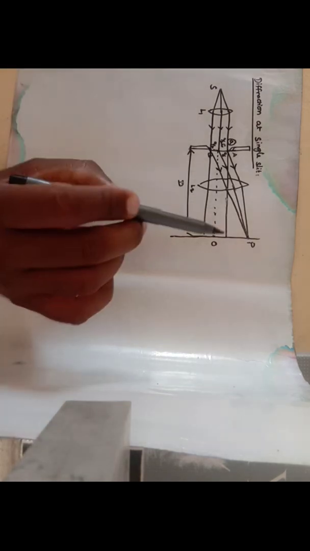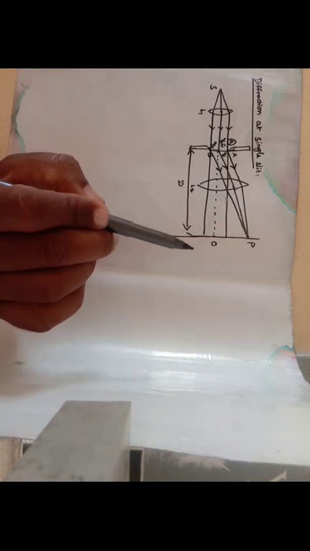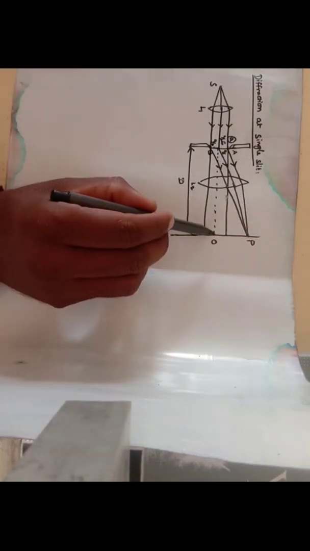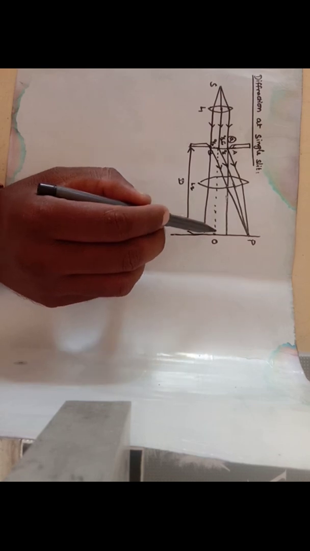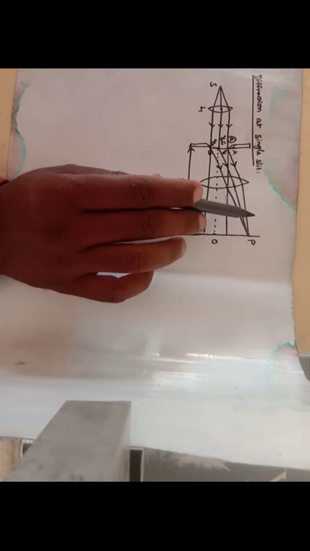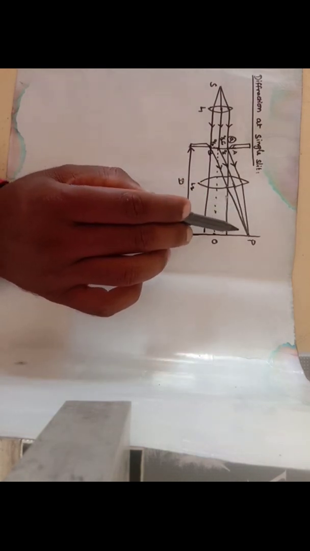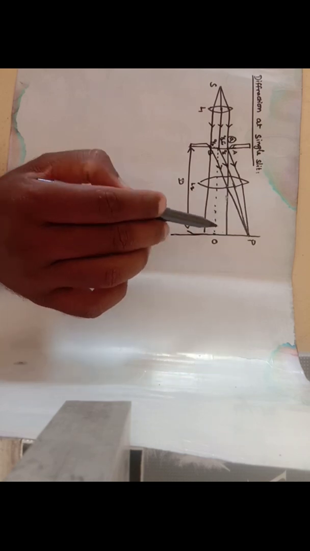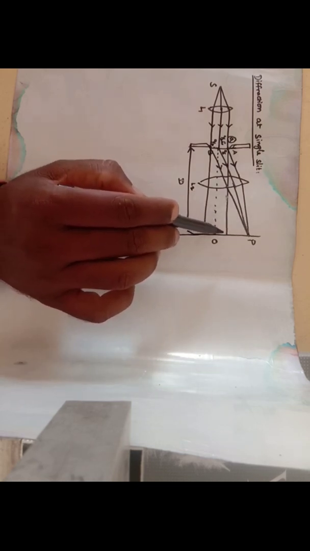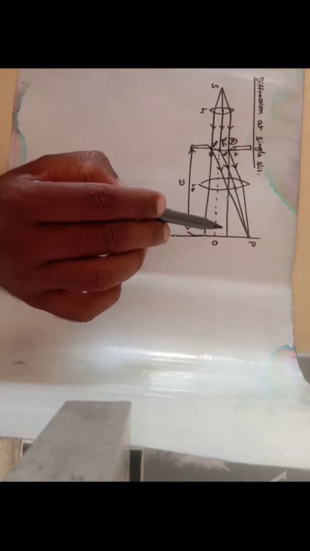The point P is in the geometrically shadowed region, up to which the central maxima is spread out due to diffraction. At point O, there is a central maxima.